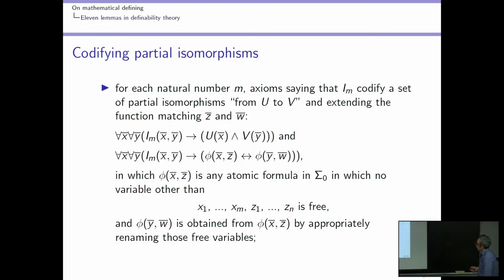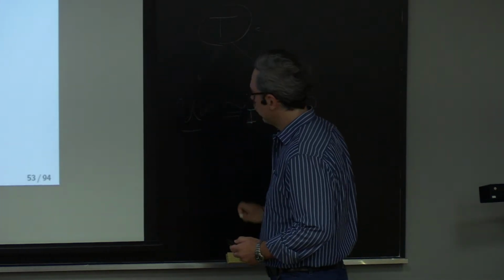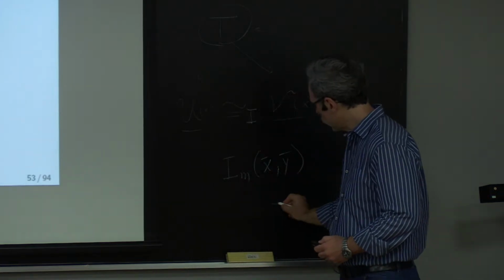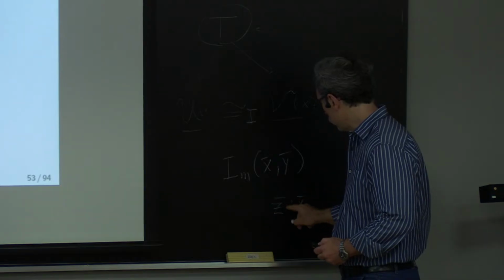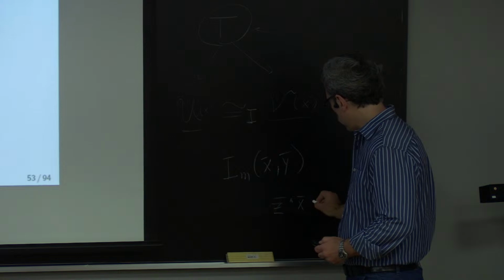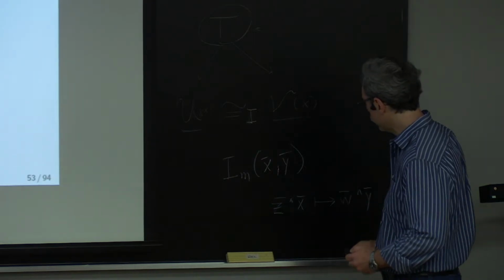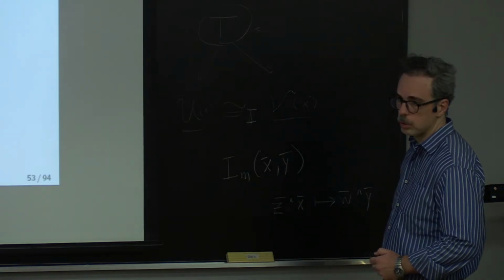So for all x bar, for all y bar, IM x bar y bar means that z bar together with x bar maps to w bar together with y bar, and this is a partial isomorphism.